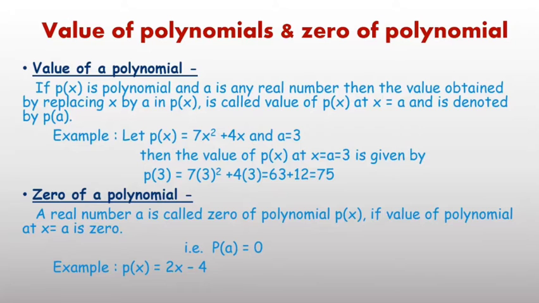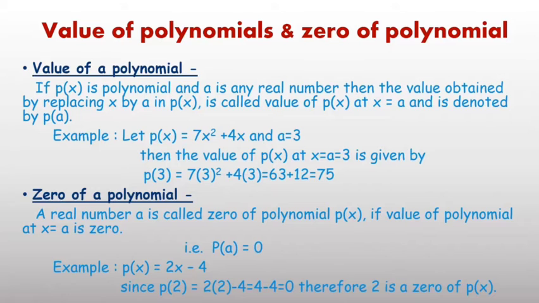For example, p(x) equals 2x minus 4. Can you write the zero of this polynomial? If we replace x by 2, then the value of the polynomial is 0. Therefore, x equal to 2 is a zero of the polynomial or zero of p(x).